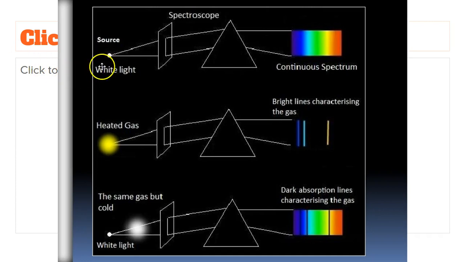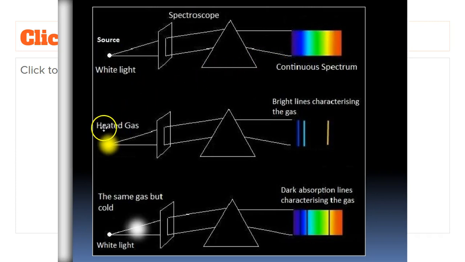So for instance, if we look at white light produced from the sun, let's say, and you view it through your spectroscope, you might see a continuous spectrum. Every single color will be visible, starting with red, orange, yellow, green, blue, indigo, and violet.